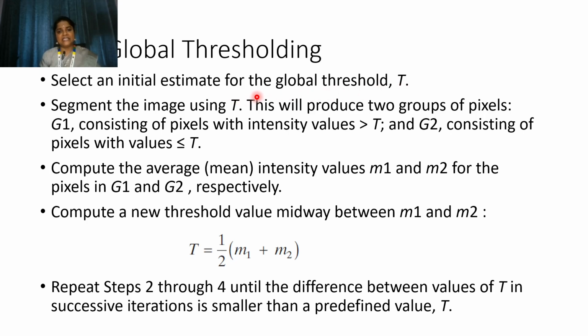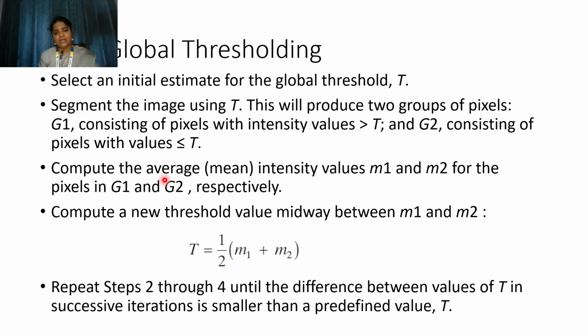Then we are going to segment the image using T. All those pixels whose value is greater than T will belong to one class, and all those pixels whose value is less than T are going to belong to another class.